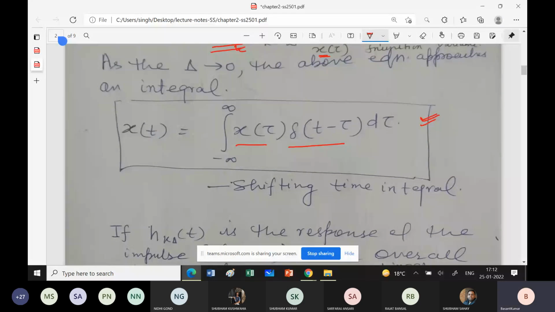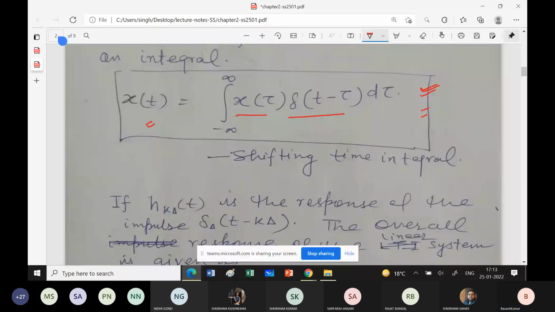Here we find that any signal can be represented as a scaled version of the impulses, and this we achieve by taking integration. So this is a very similar expression to what we observe in discrete time. The only thing is that the summation has been replaced by integration.